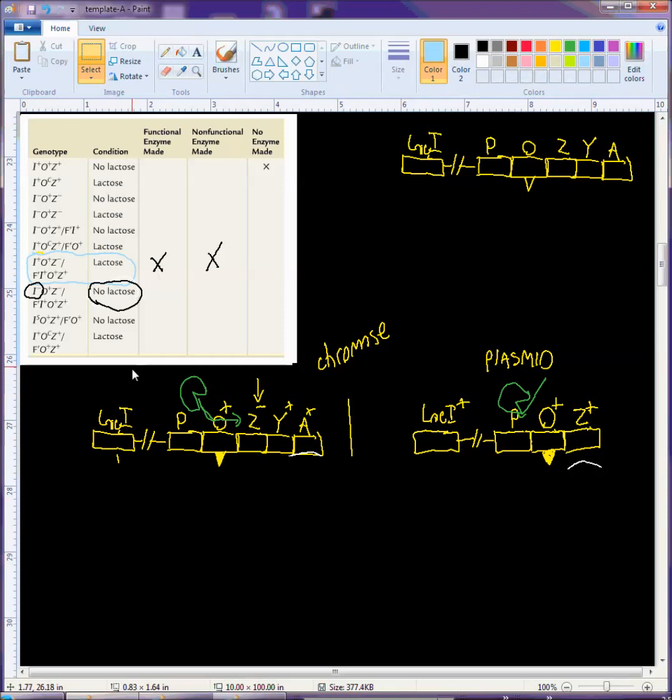So we have mutant copy of lac-I over here. Okay, and we have no lactose in the cell. Okay, so lac-I minus, we've already determined that lac-I minus is always mutated in the operator binding site. Okay, so this is our lac-I minus protein. This one over here, this is still lac-I plus.